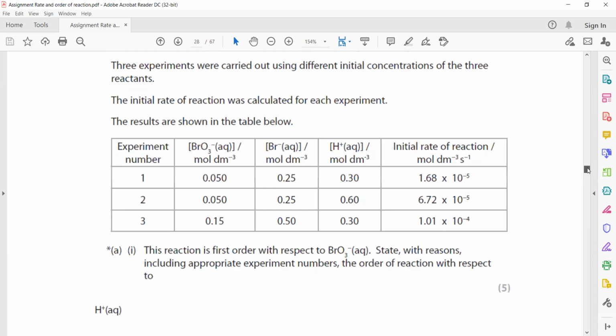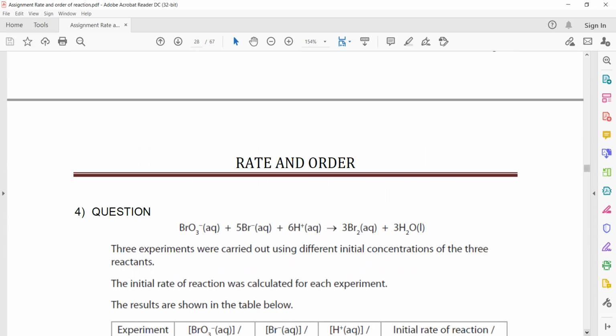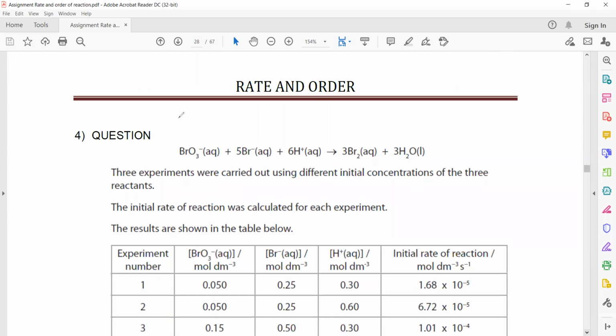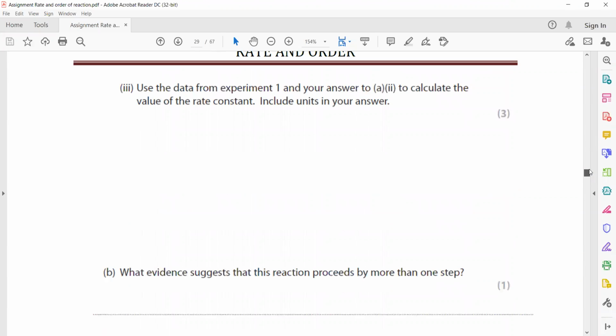In the overall equation you can see one particle of BrO3, 5 particles of bromide, and 6 particles of hydrogen. So a total of 12 particles, and it is unlikely that 12 particles collide at once. That's why it will have multiple steps. Or you can also say that the rate equation is different from the overall equation. So this also confirms that the reaction might proceed in multiple steps.